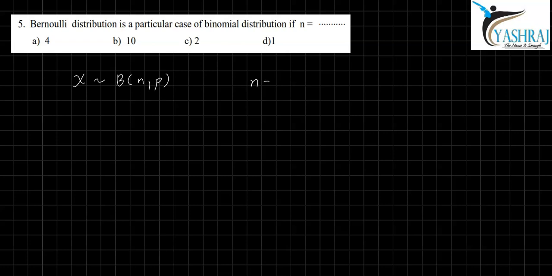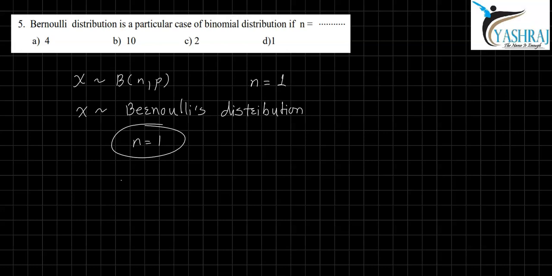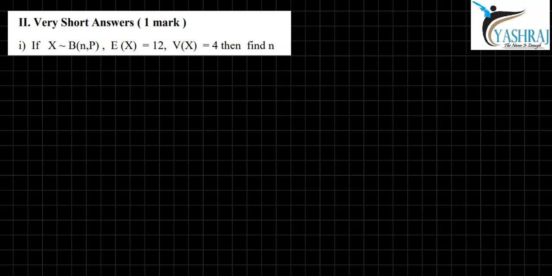So suppose n equals 1 we have, then X follows the Bernoulli's distribution. So that means we will require for Bernoulli's distribution the n value becomes 1, and that is our choice code D.